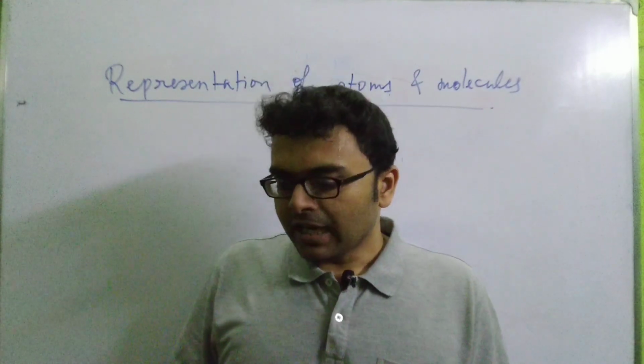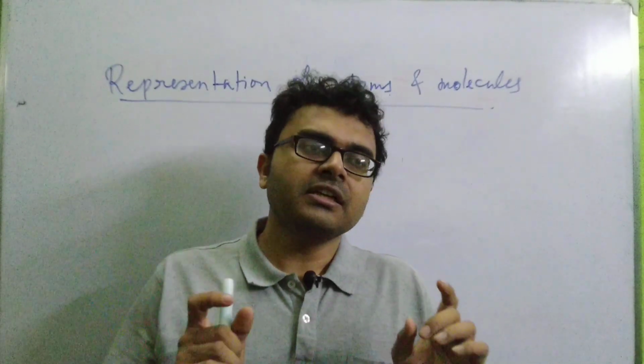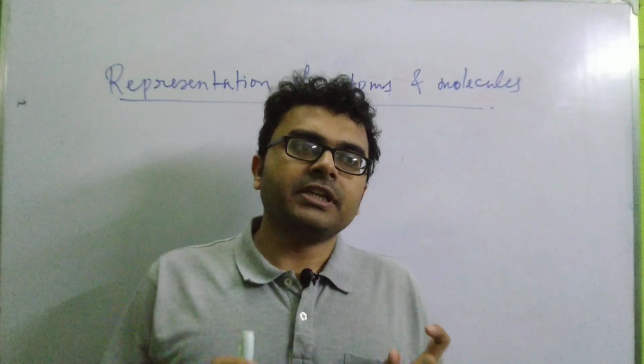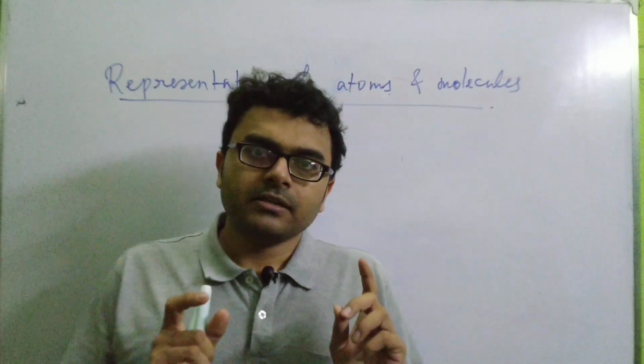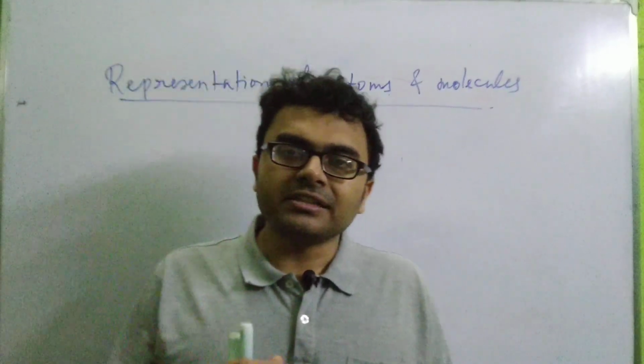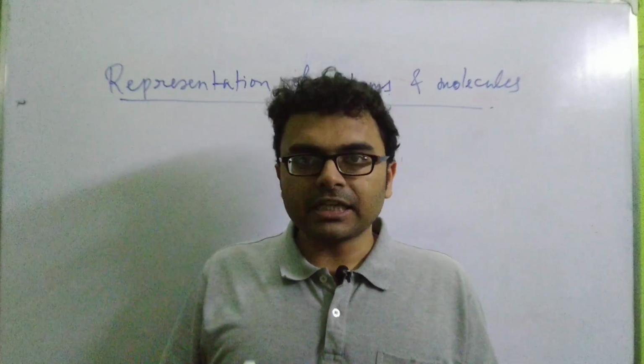Do remember this, I am repeating it again: the very reason for the formation of molecules is the reactive or unstable nature of the atoms of various elements other than noble gases. So that is why molecules are formed.